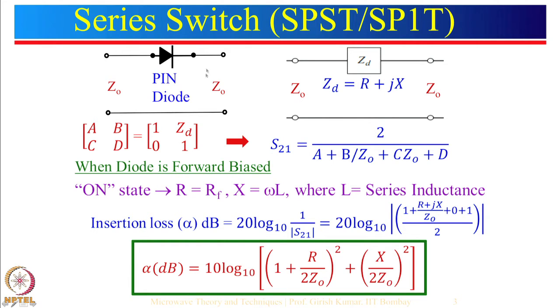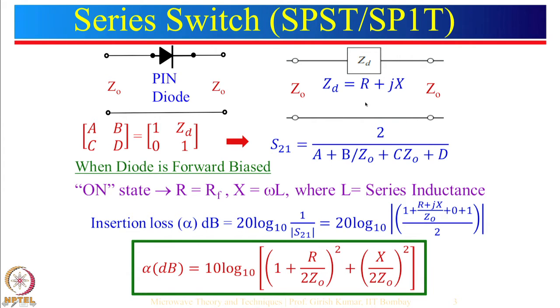So a PIN diode can be modeled as a simple ZD, where ZD is equivalent to R plus jX. Now, if it is forward biased, then this will be forward resistance plus series inductance. If the diode is reverse biased, then this will be a reverse resistance plus the junction capacitance.